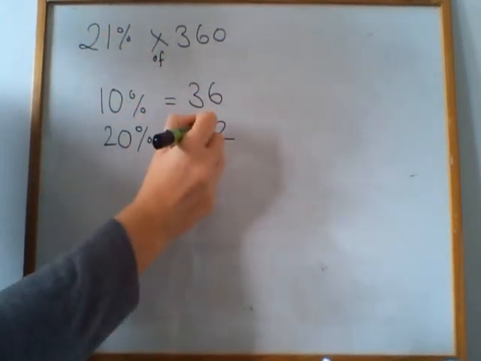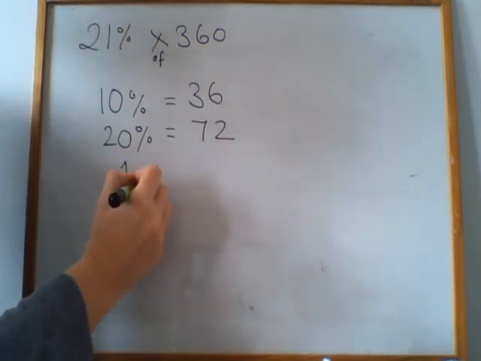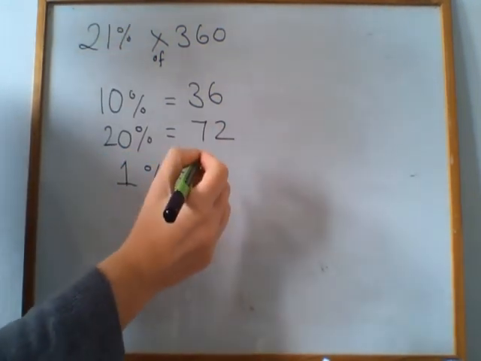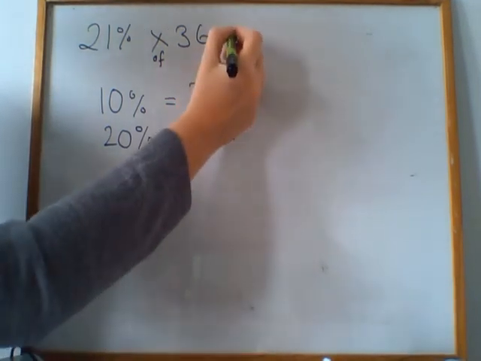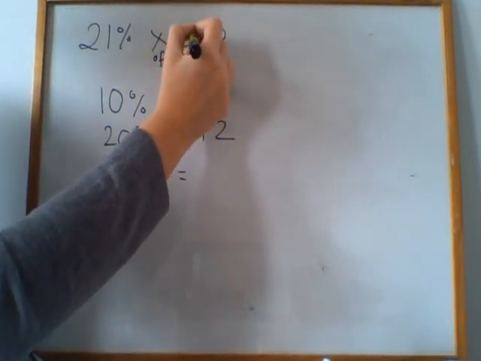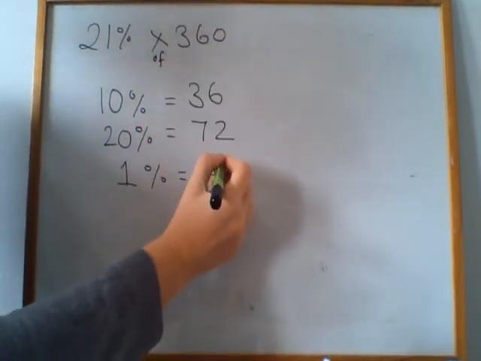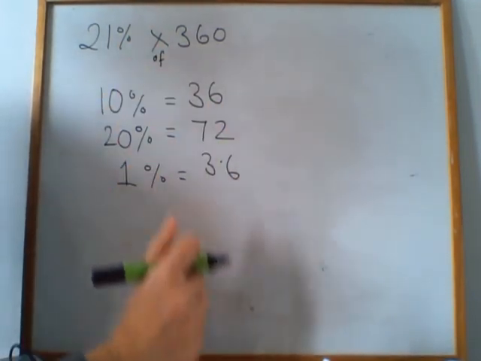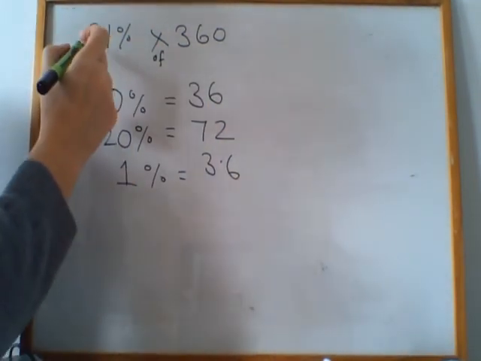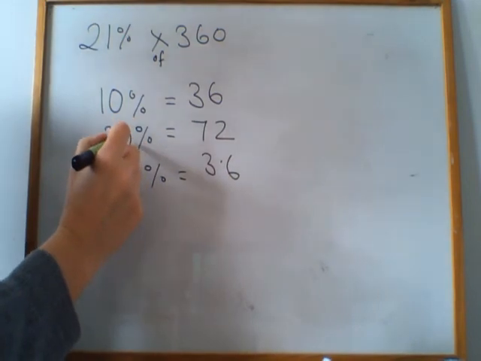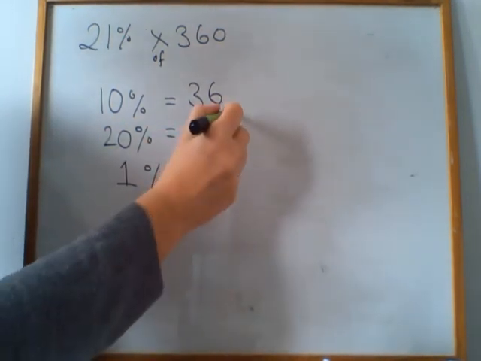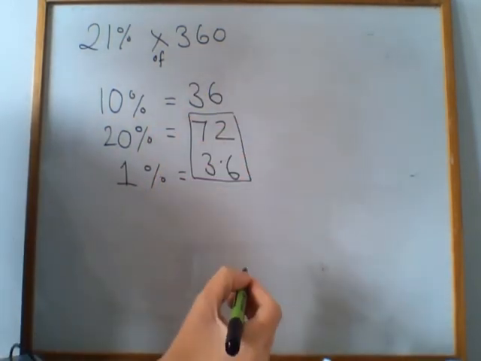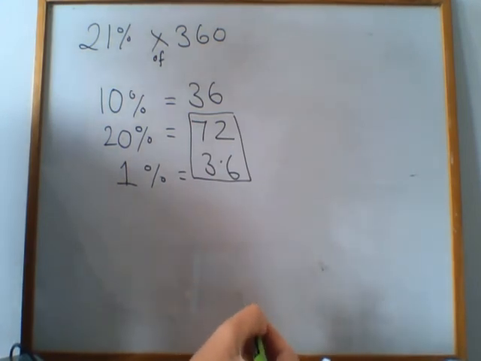So I've got 20%, so now I need to find 1%. To find 1%, I divide my 10% number by 10. So 36 divided by 10 is 3.6. Right, so I write everything down so it's clear. And then to get 21%, I know I've got 20% and 1% to add together. So I need to add together these two totals. If you can do that in your head, great.